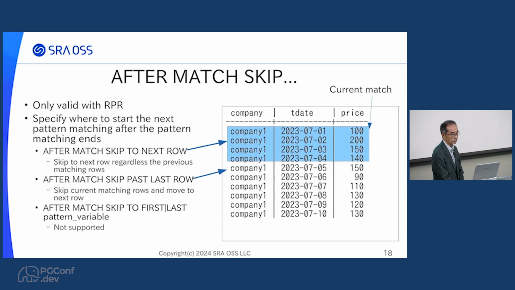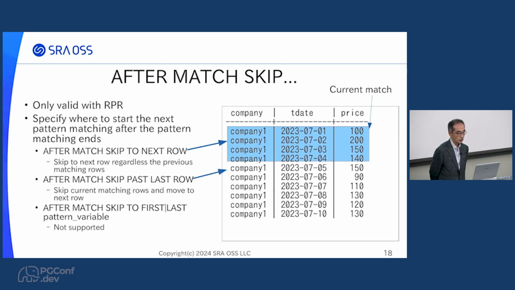Next is the after match skip clause. This is new in the window clause. This one specifies where to start the next pattern match after the first pattern match succeeds. Suppose we have the first pattern match which has a blue background. In this case, we have 4 matching rows.